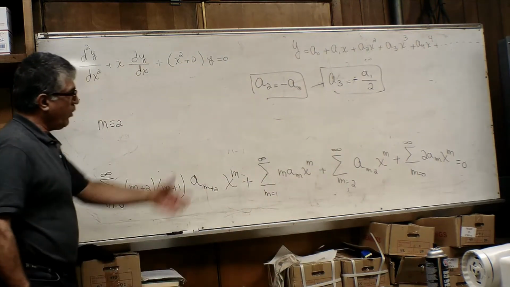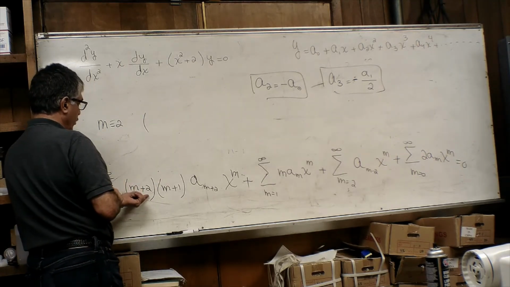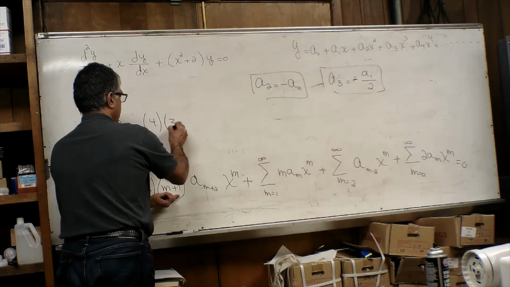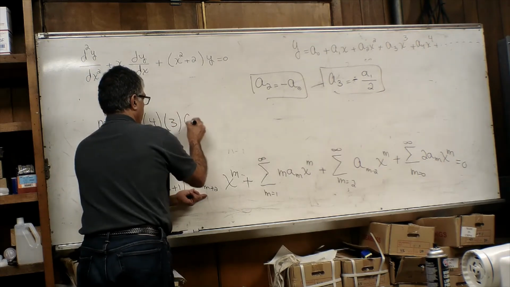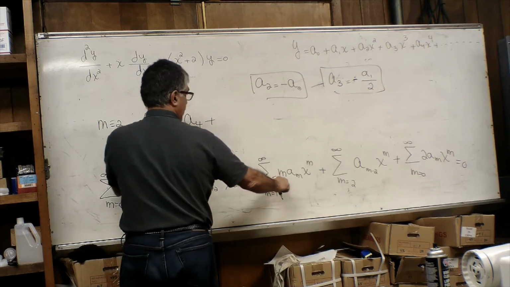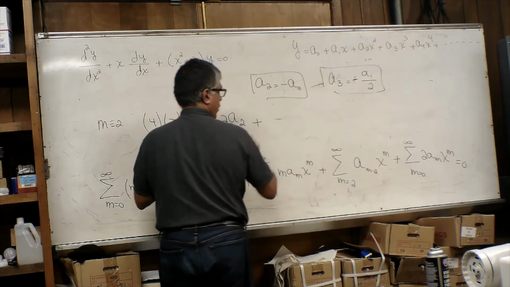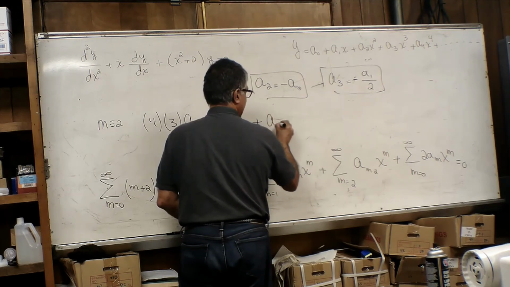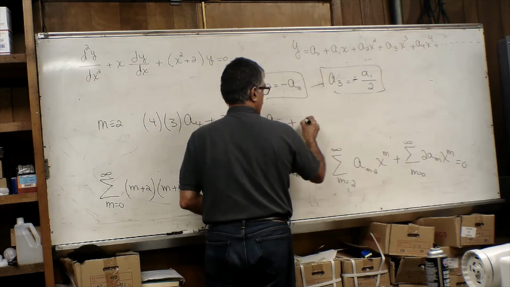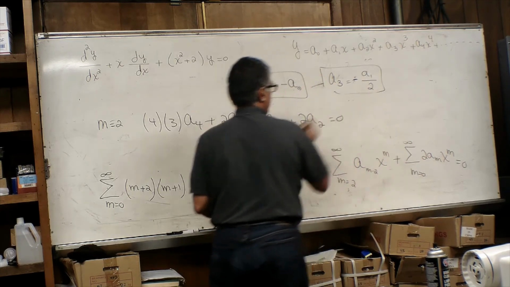So on the first one, if we plug 2 for m, we are going to have 2 plus 2, which is 4, multiplied by 2 plus 1, which is 3, a4, plus m plus 2, which is a2, plus a0, this will be 2 minus 2, which is 0, plus 2a2 equal to 0.